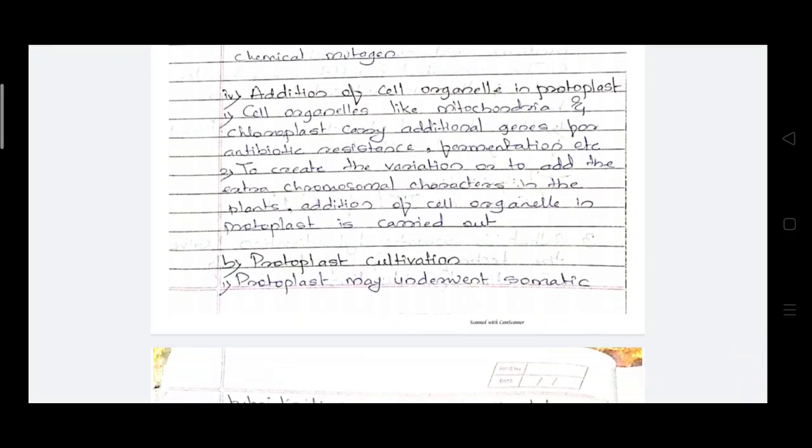Then addition of cell organelles in protoplast: we can add cell organelles like mitochondria or chloroplasts that carry additional genes for resistance, antibiotic activity or fermentation, and we can easily add these organelles to the protoplast, so they can create some variations in the plants.